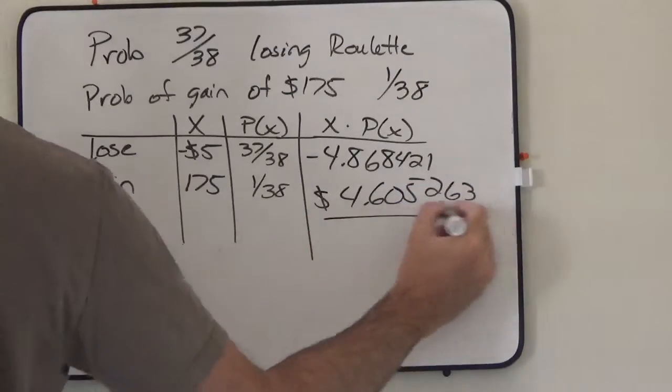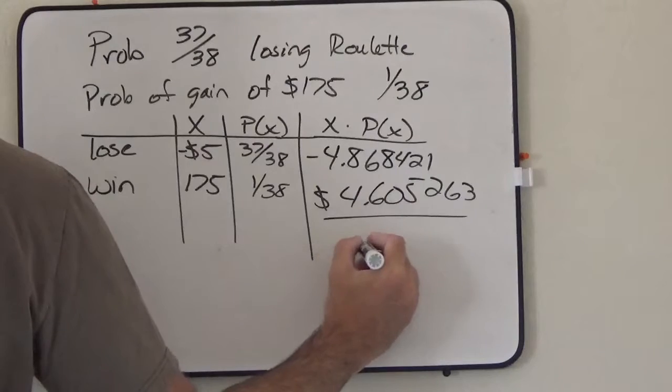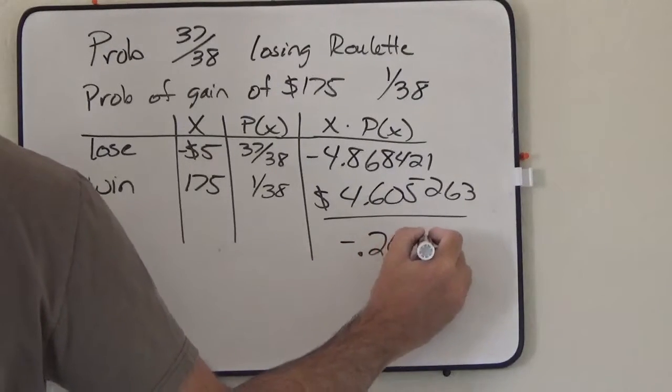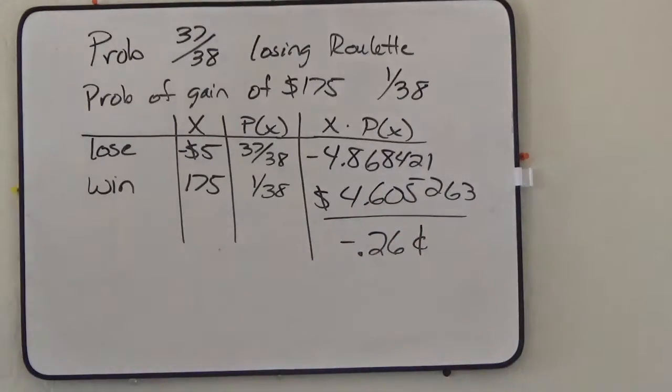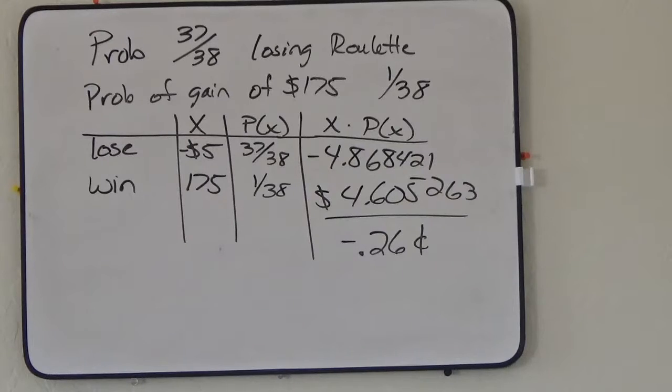We add those together, and we get negative 0.26 cents. In other words, your expected average is to lose 26 cents each time that you pay $5. So you're going to expect to lose an average of 26 cents.